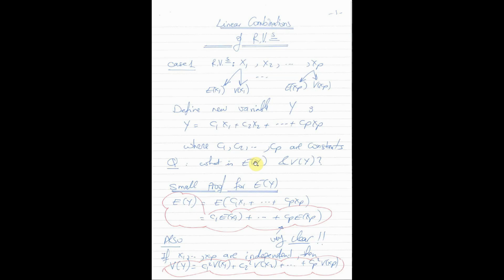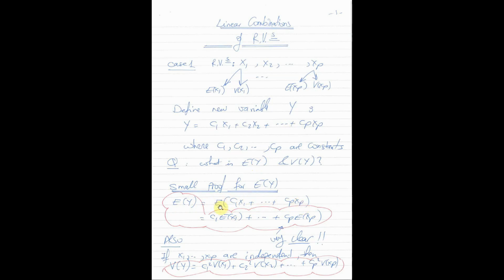Now, let's start with the expected value. It's really easy. How can we get the expected value of y? Simply, it's the expected value, and then instead of y, let's say c1x1, that's how we defined y. So the expectation of c1x1 plus c2x2 plus until plus cpxp. We have seen something like that before.